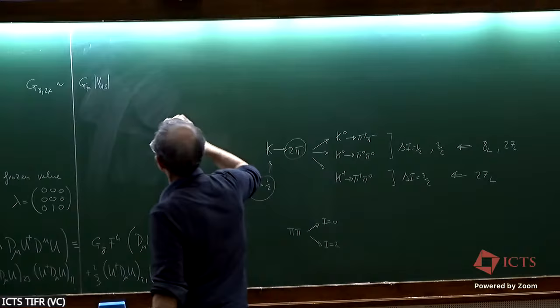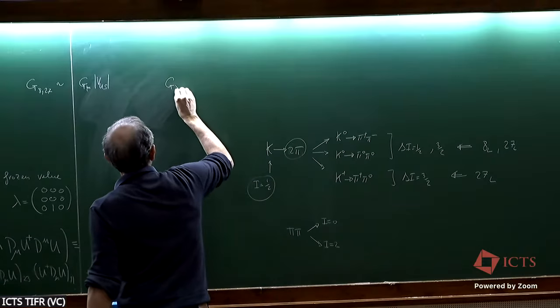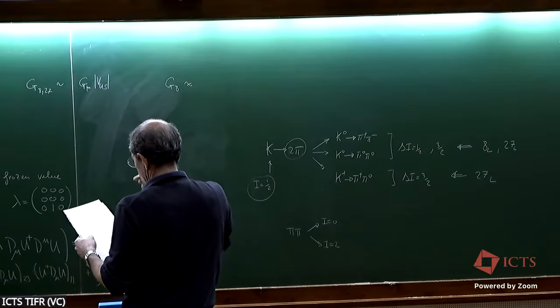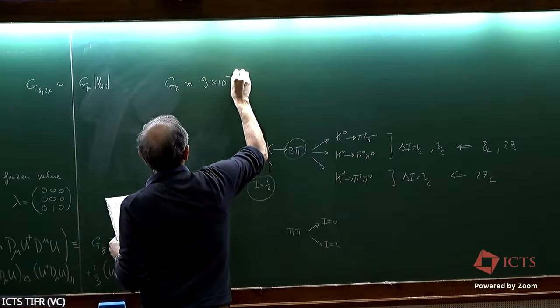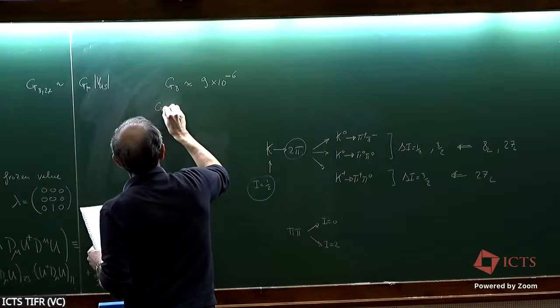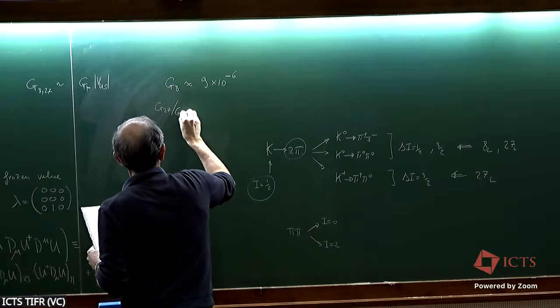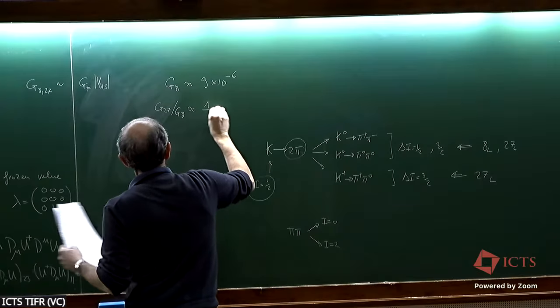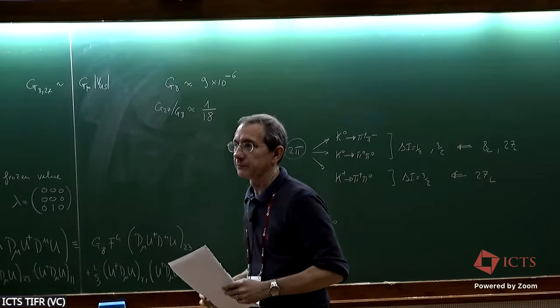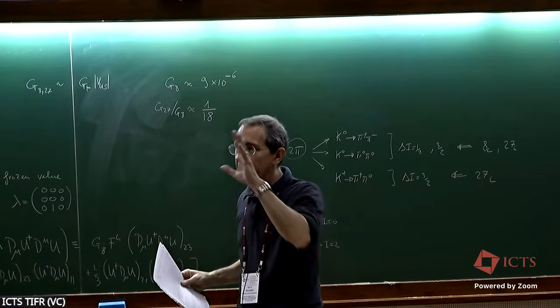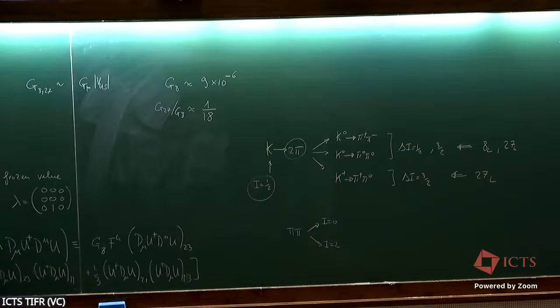And this is the interesting thing: G8 is about 9 × 10^-6, while G27 divided by G8, with this notation, is 1 over 18. So these 2 numbers, a priori, you would expect to be similar. They all come from this term here, okay?